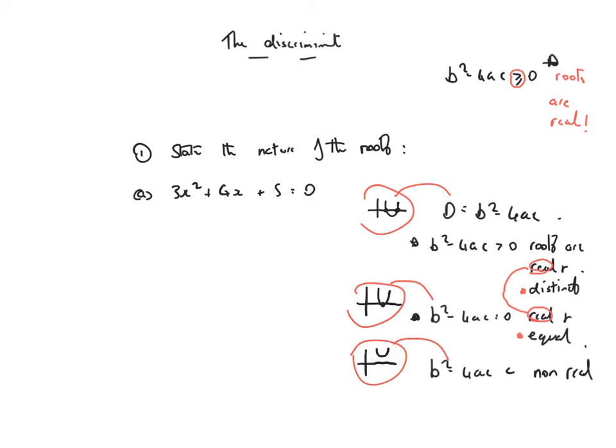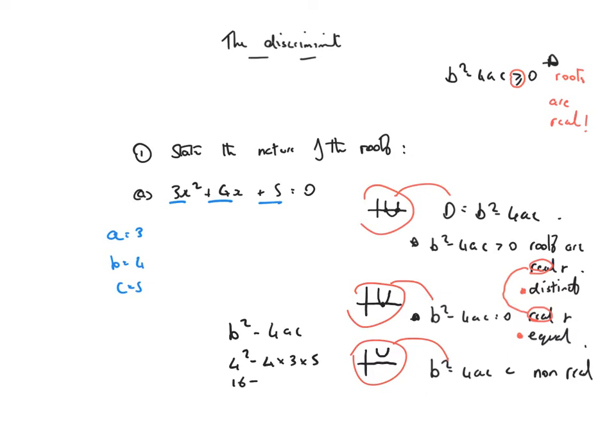Okay, so my first move is to identify a, b, and c. a is 3, b is 4, c is 5. Next move, b squared minus 4ac. So b squared, that's 4 squared, minus 4 times a, which is 3, times c, which is 5. 4 squared is 16.